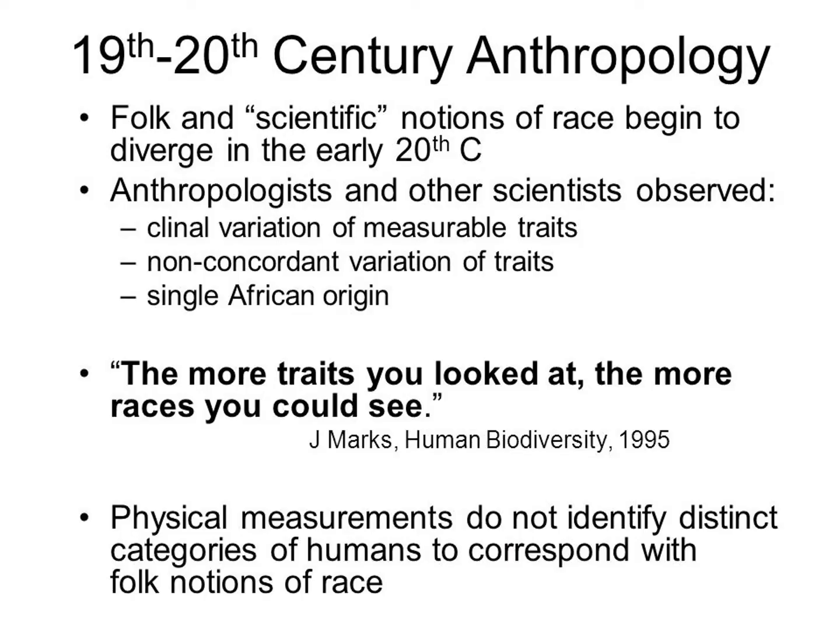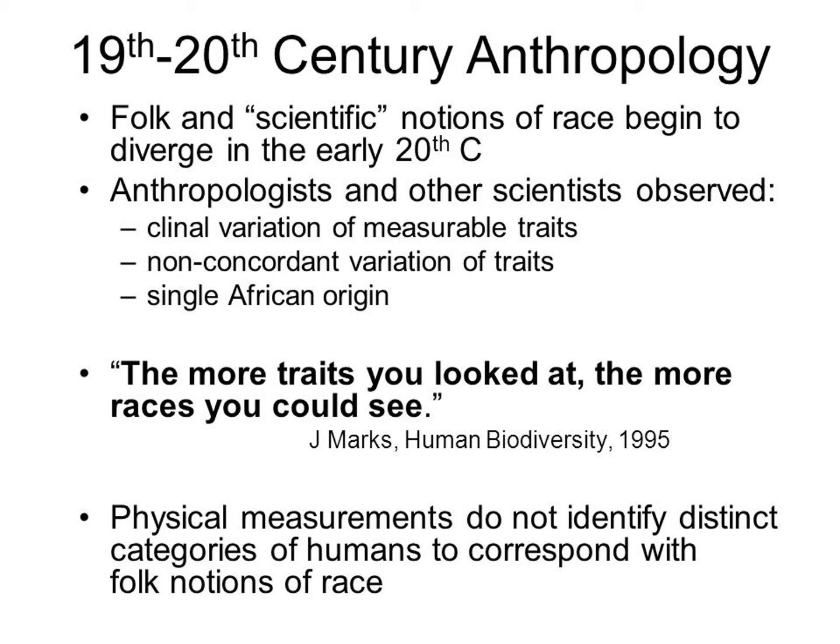So as we move into the post-Darwinian era in terms of scientific and social scientific investigation of humans, we see a divergence of this folk and scientific notion of race, right? Anthropologists and other scientists to this point have observed that there's a clinal variation of measurable traits, right?